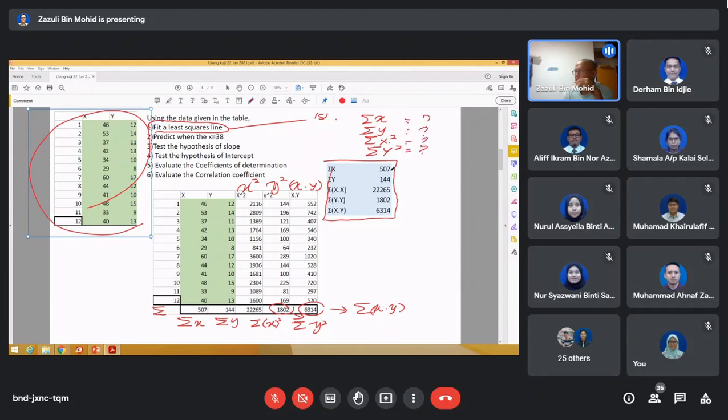Okay, in this case, we already have the answer here. If you don't write this, you will have less marks because I cannot see the way you solve the problem. So you have to show it in your answering paper.